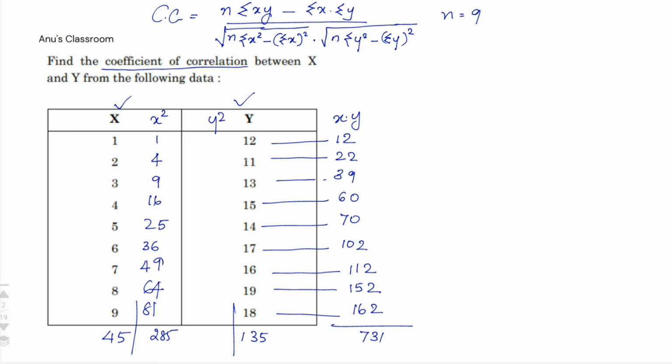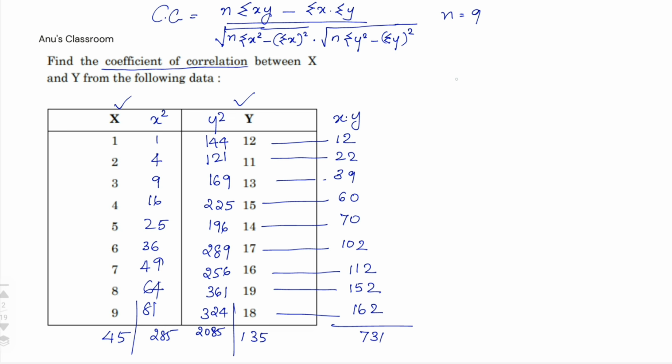I'm writing it over here itself. And its summation will be 2085. Next, what do we need? I guess we have all the values.